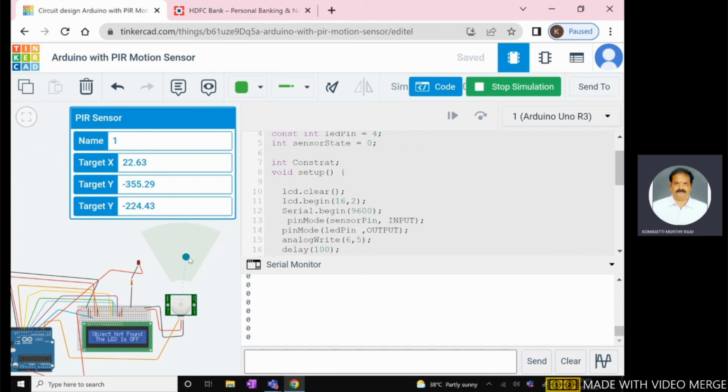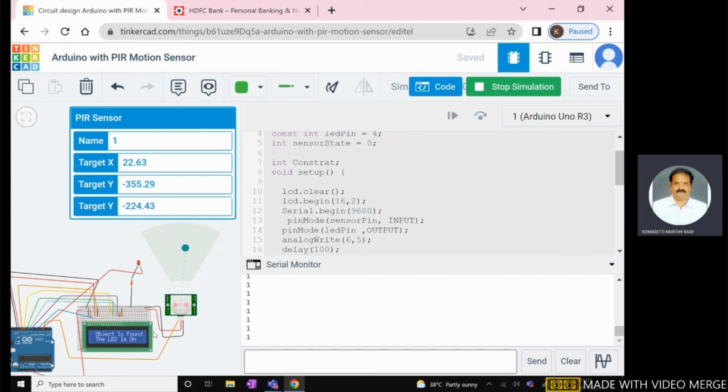Suppose this is the sensing region, and whenever an object enters the sensing region, the PIR sensor pin state is at high condition. That means 1 is indicated here. The LED is on.